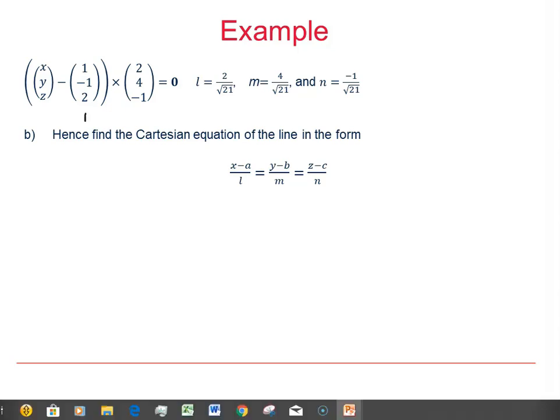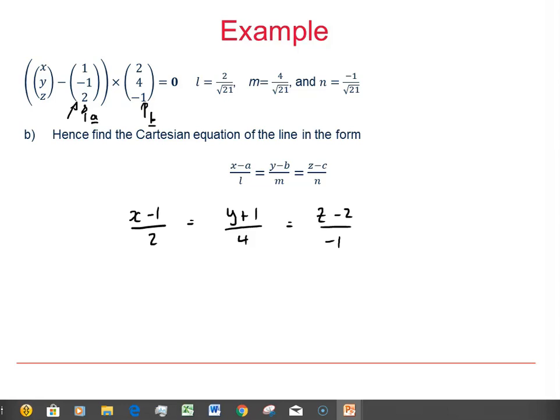From our given equation, we know this is vector A and this is our direction vector B, so we can write its standard Cartesian form as x minus 1 over 2 is equal to y plus 1 over 4 is equal to z minus 2 over -1. Remember that we are taking the values on the top line, subtracting those from x, y and z respectively, and then on the denominator we have the values from the direction vector, so 2, 4 and -1.